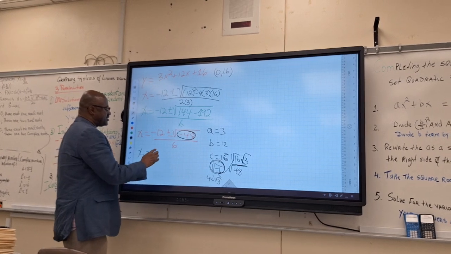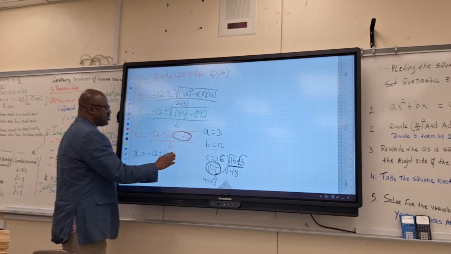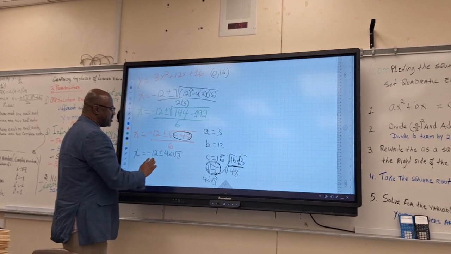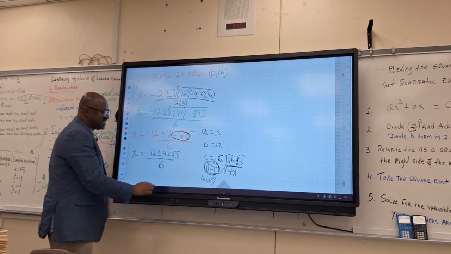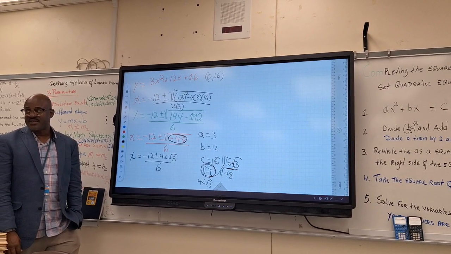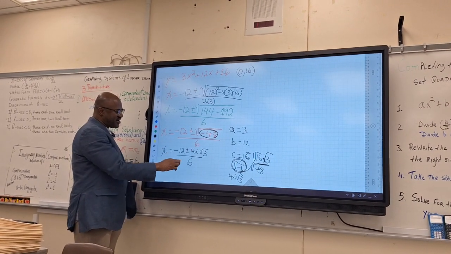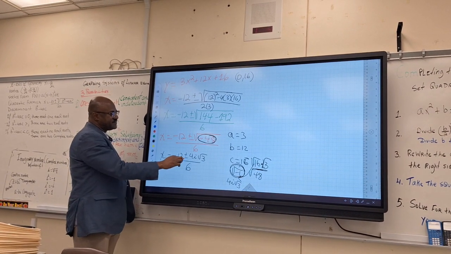So we'll have minus 12 plus or minus 4i root of 3, over 6. Right? The only thing you can do to that is simplify, because those numbers have a common factor, 2.